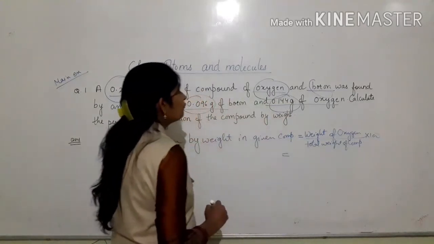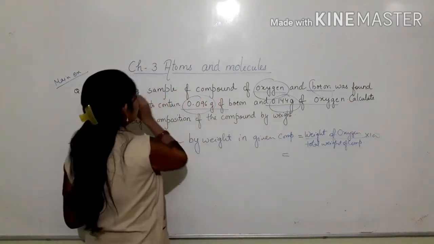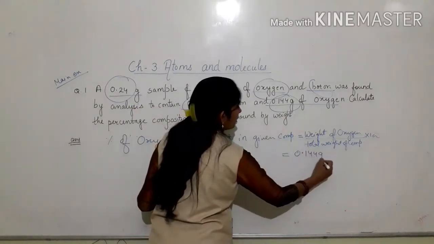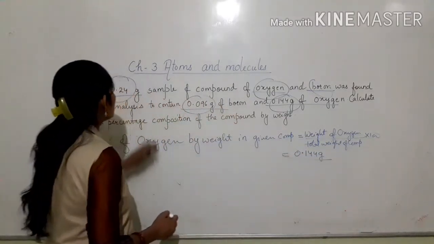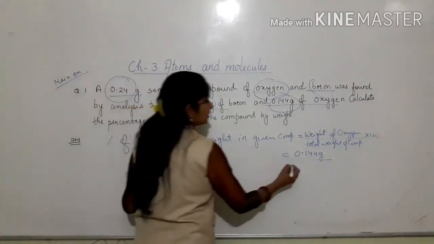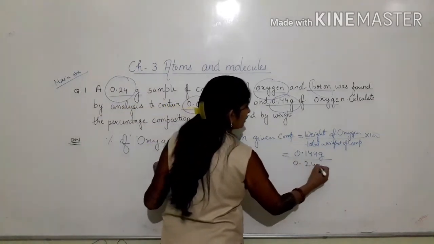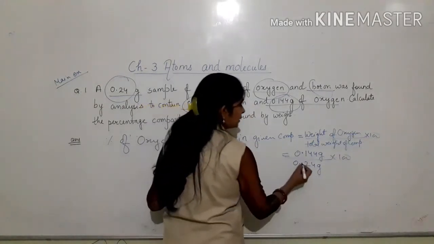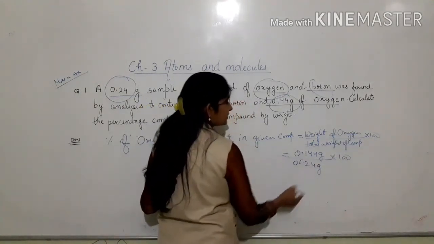What is the weight of oxygen in this compound? It is 0.144 gram upon, what is the total weight of the compound? It is 0.24 gram, into 100. Okay. Now just remove the decimal sign.